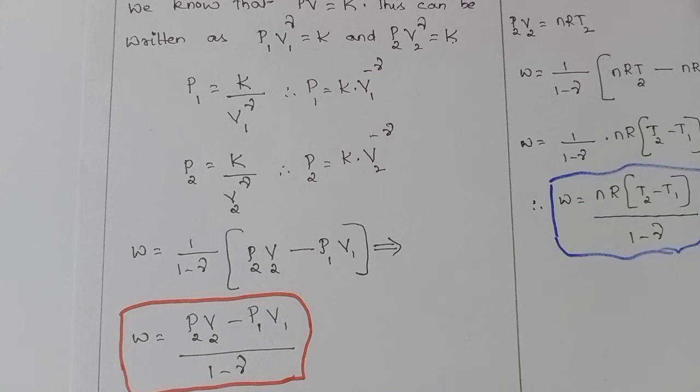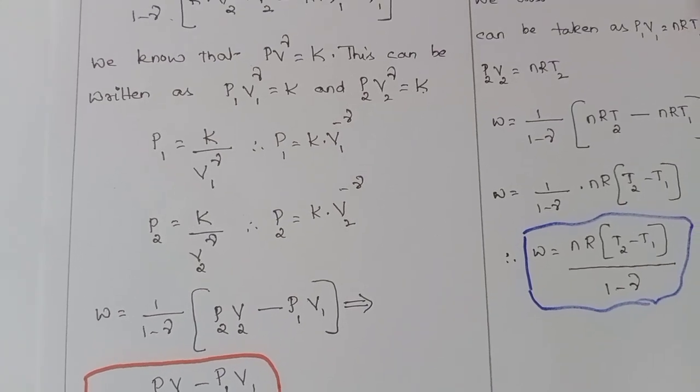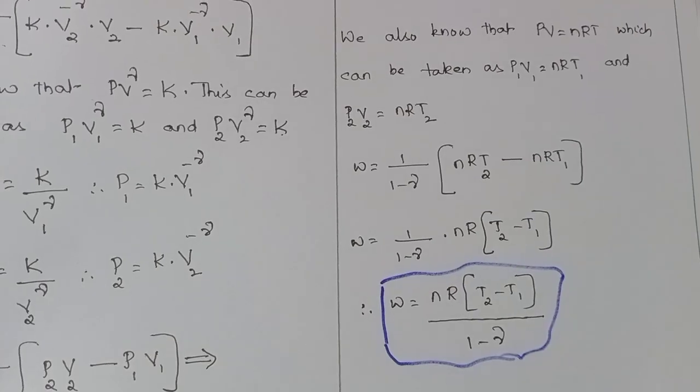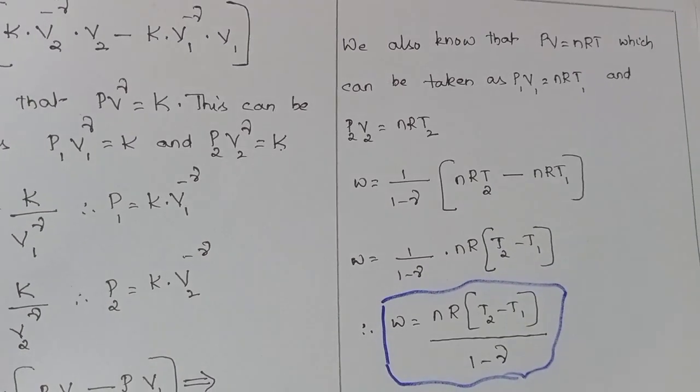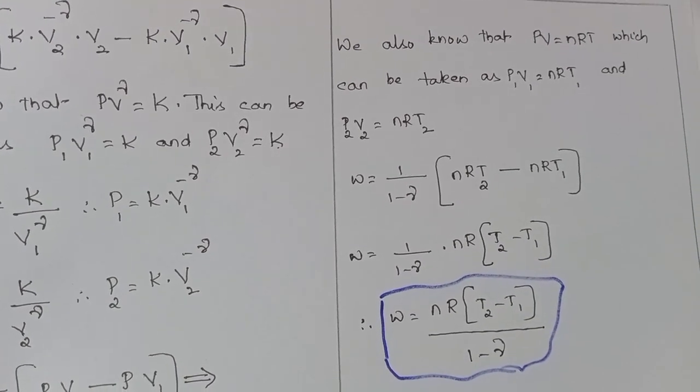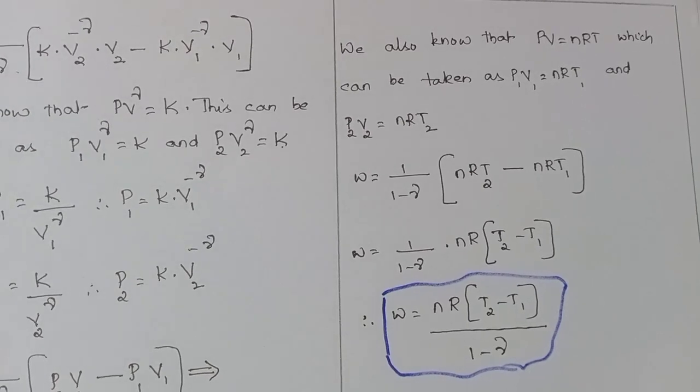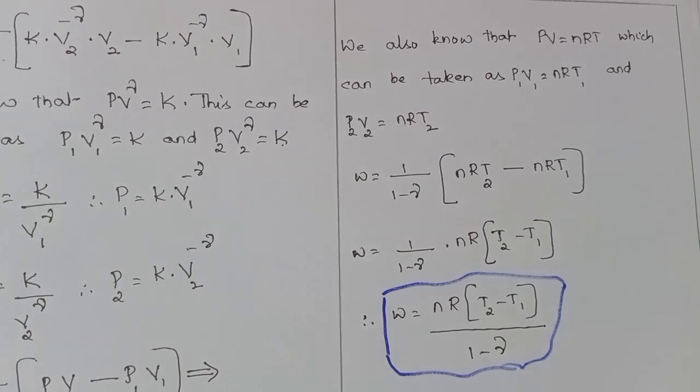If it is given in terms of number of moles and temperature, then what to do? So write down below, students. We also know that PV is equal to nRT. What is PV is equal to nRT? Ideal gas equation for n moles of a gas is PV is equal to nRT.